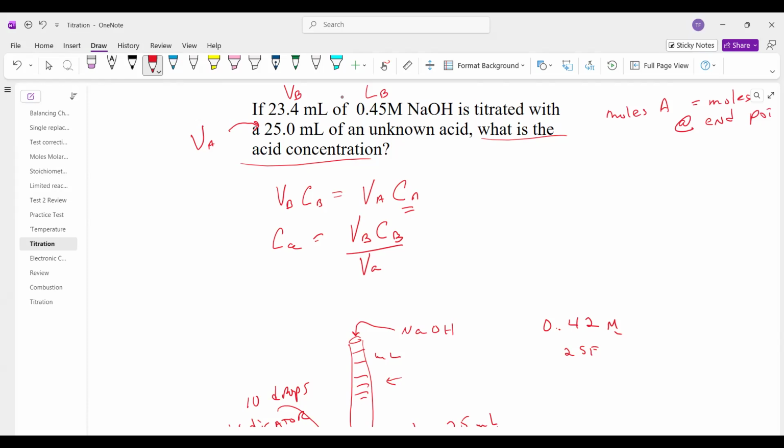Okay, so the volume of the base is 23.4 milliliters. So that's equal to 0.234 liters, because there are 1,000 milliliters in a liter. Okay, and so this is the volume of the base.